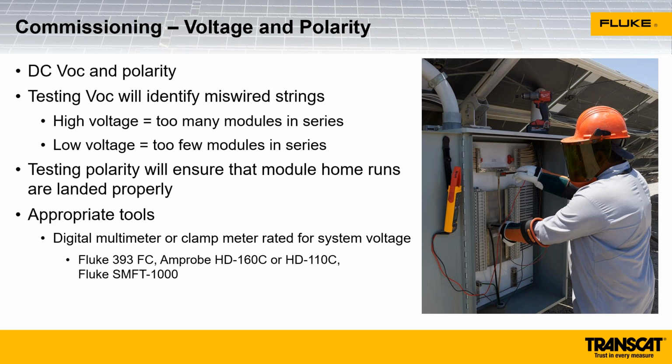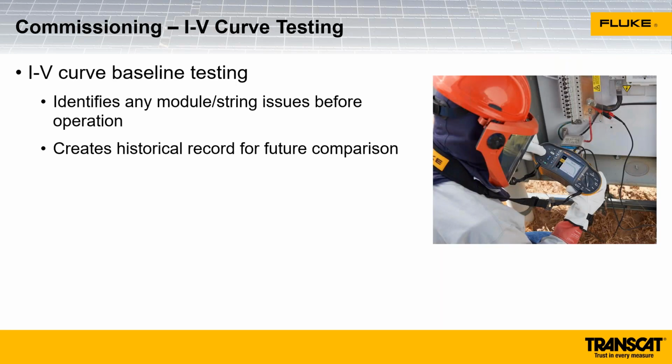So with the 393 clamp meter, when you have negative polarity, you get the negative symbol on the display as you would with any other meter, but the display also will beep repeatedly for 10 seconds. You will see a polarity word come up on the display and the display itself turns red. So it's really hard to miss that reverse polarity with the 393 clamp meter. So it's a really good clamp meter to use in solar for those repetitive polarity tests.